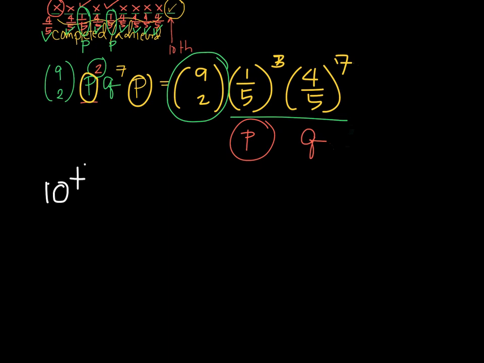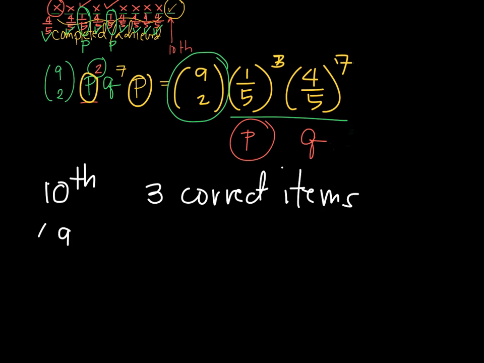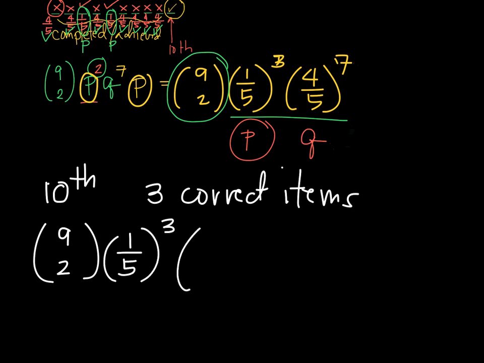We hope to answer 3 correct items by the 10th question. And our setup became 9 taken 2, 1/5 raised to 3, and then 4/5 raised to 7.